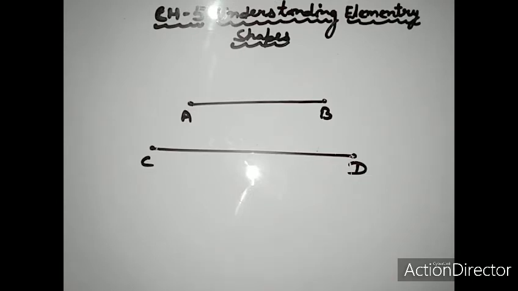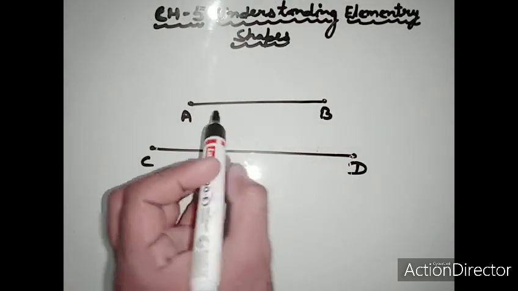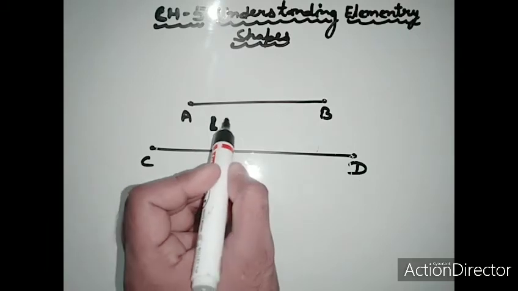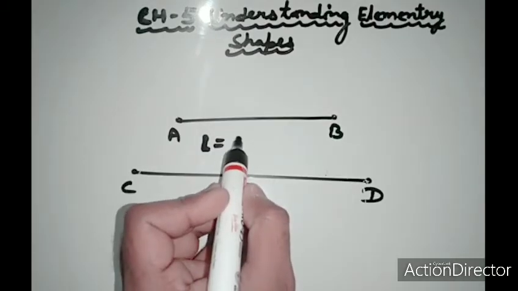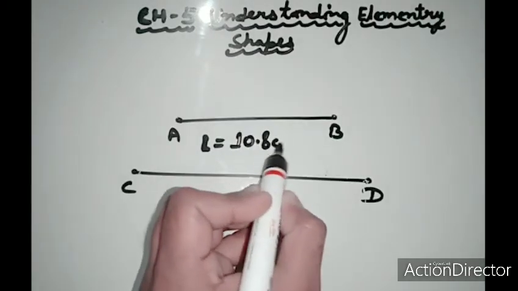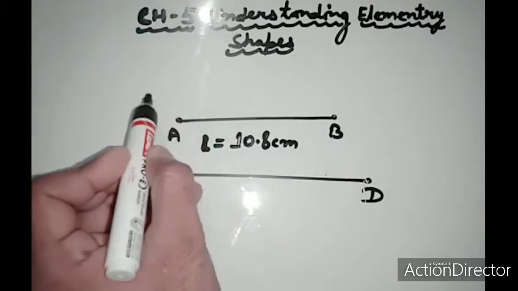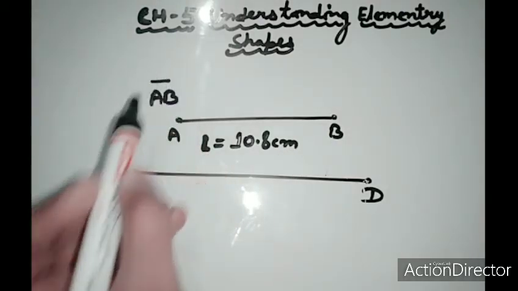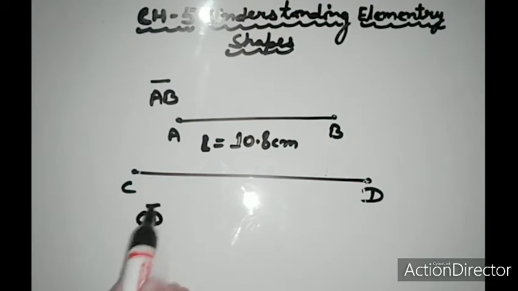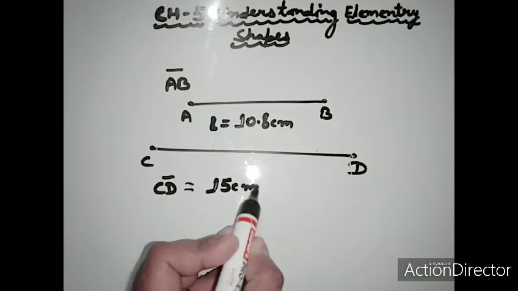So here we write the length of the first line segment AB is equal to 10.8 centimeter, right? Line segment AB, and the length of the line segment CD is equal to 15 centimeter.